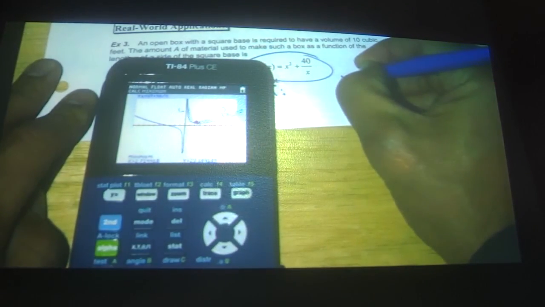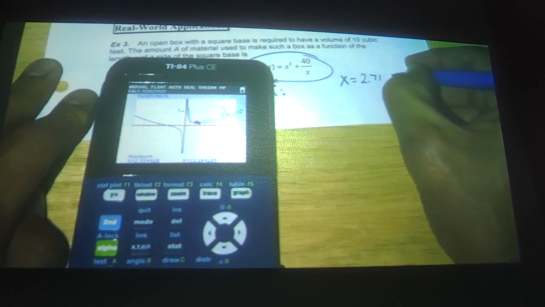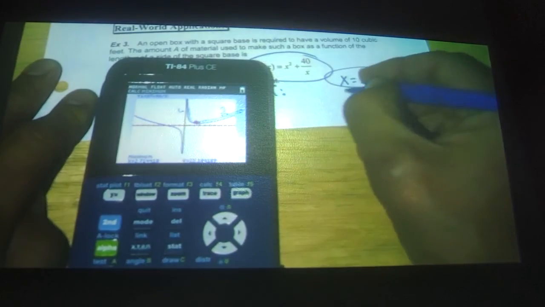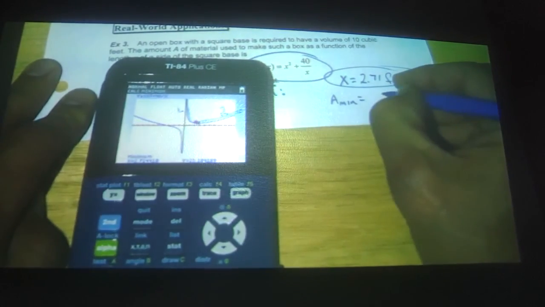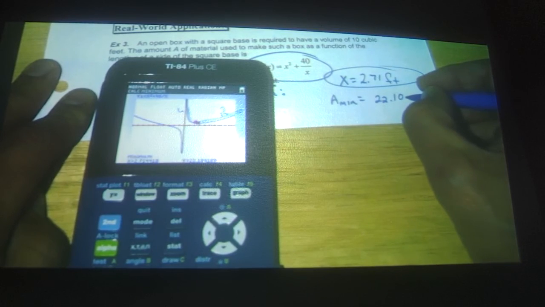Where it is at is the x value. So x is going to be 2.71, and we're talking about cubic feet, so this is in feet. Okay. If they want the actual minimum area, that's your y value, and that'd be 22.10, and that would be square feet.